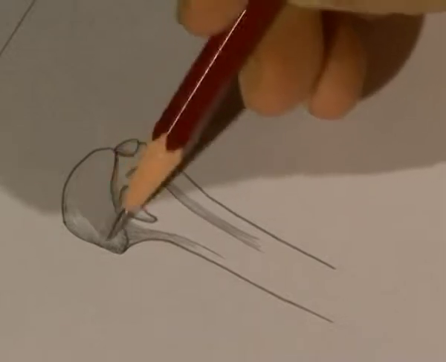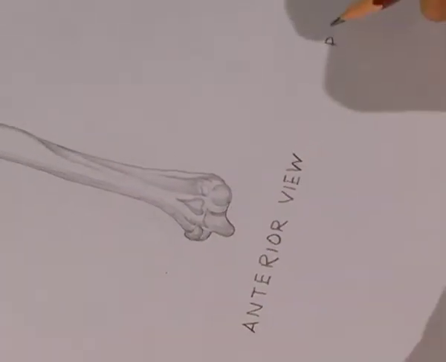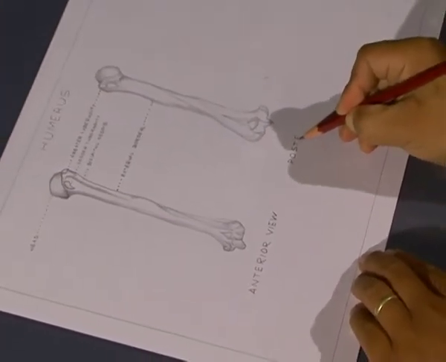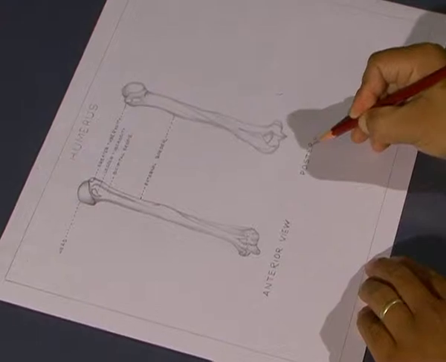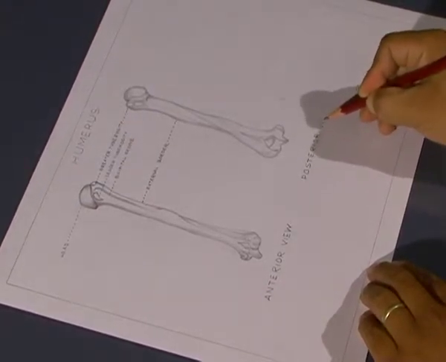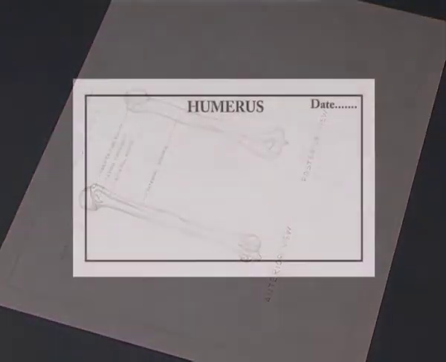Then after shading, below each of the drawings, you have to write down the view that you have drawn. Say, for example, anterior view, if it represents the anterior view. Likewise, lateral view, medial view, like that.